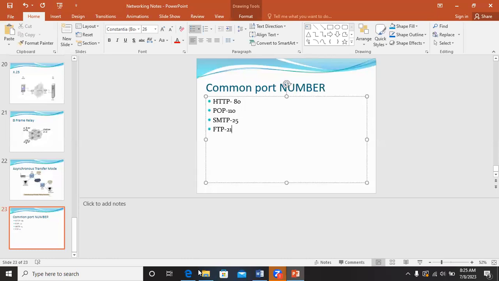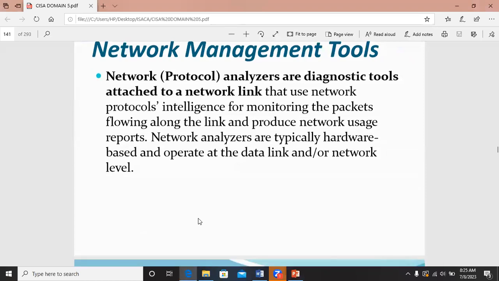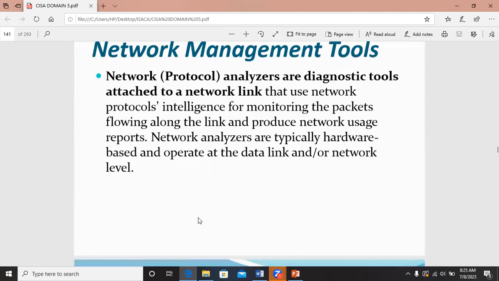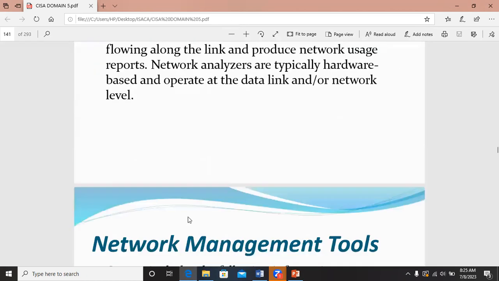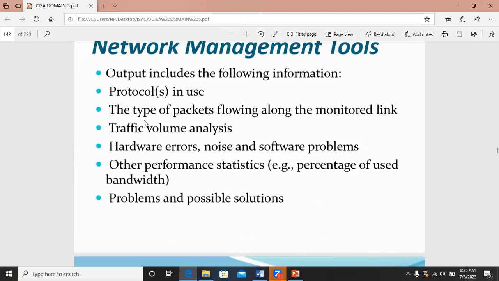All right, so this is very important in security. So you need to know the protocol that is being used in the network. You need to know the ports that are open. There are tools you can use to do that. All right. So which protocol is in use? Type of packet flowing. All right.